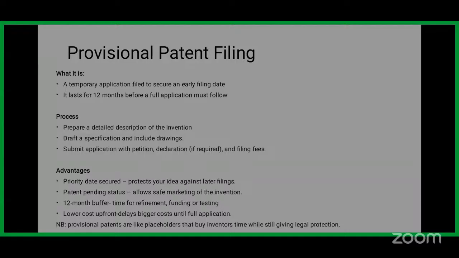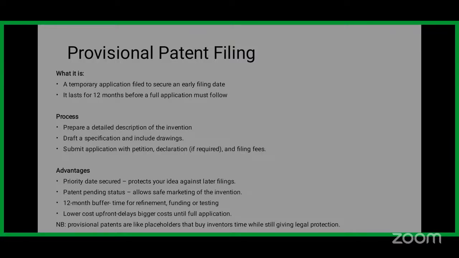Then also it lowers costs. Basically, it is cost effective, unlike the non-provisional patent application. And also it is quick, unlike the non-provisional patent application. And the reason why it is quick is that not much examination is done over the invention.